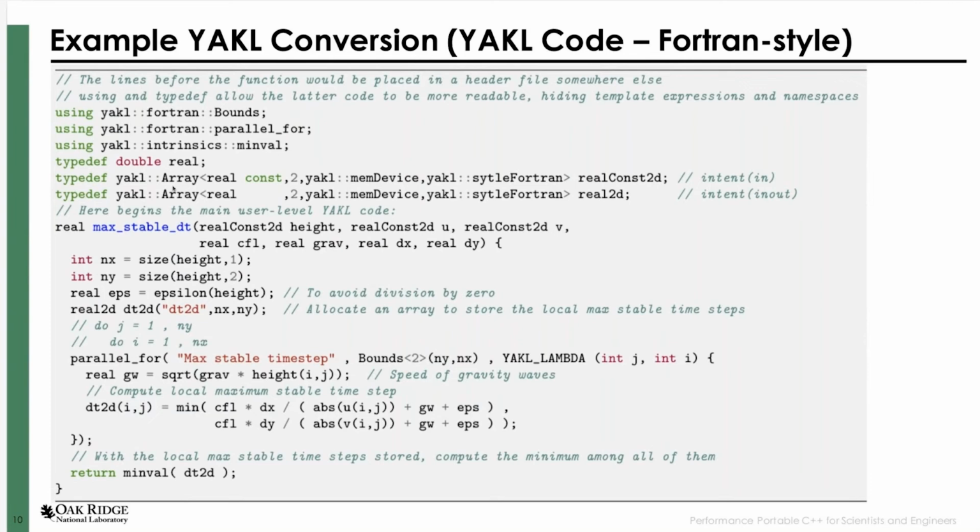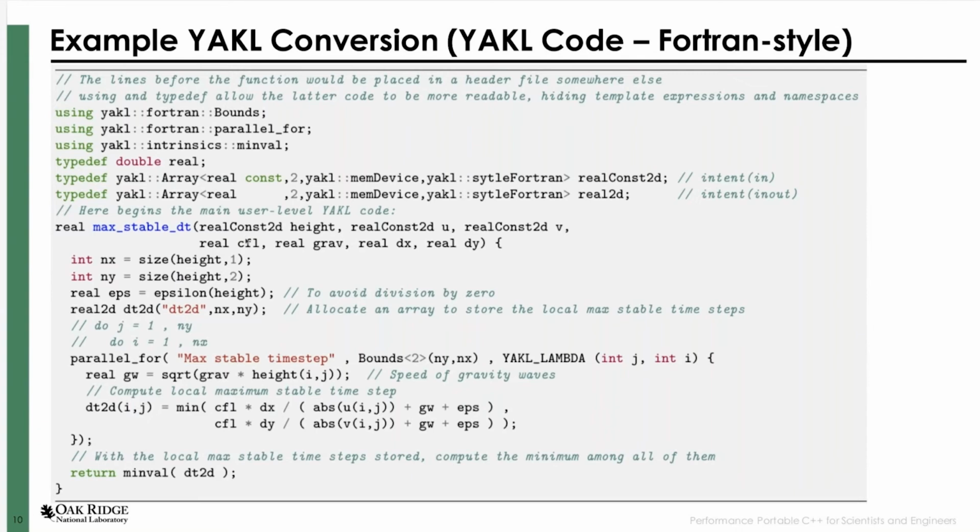What you'll typically do is hide this stuff out in a header file somewhere so that you don't have to see all this really ugly syntax that you're not used to if you're coding in Fortran. You'll have to kind of understand what these things mean, but oftentimes you can have somebody who's more familiar with C++ create some of these convenient typedefs for you.